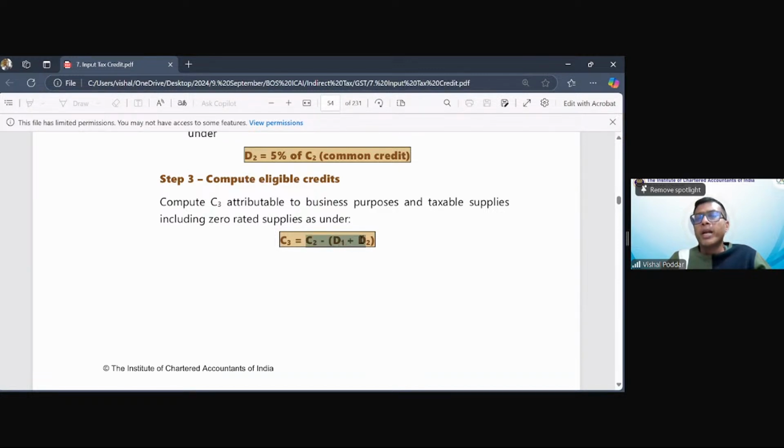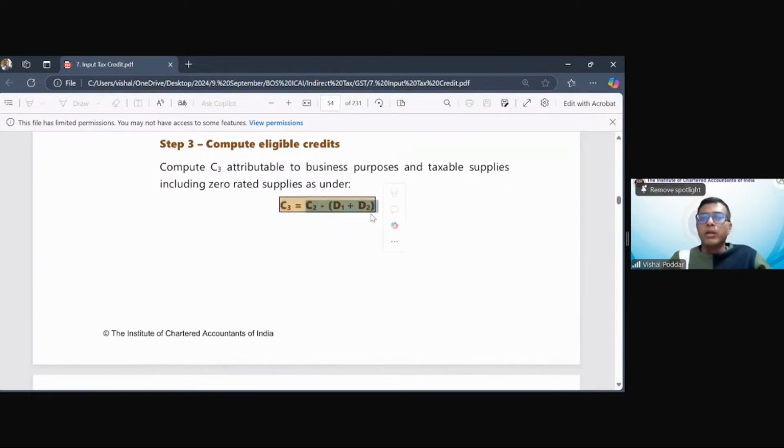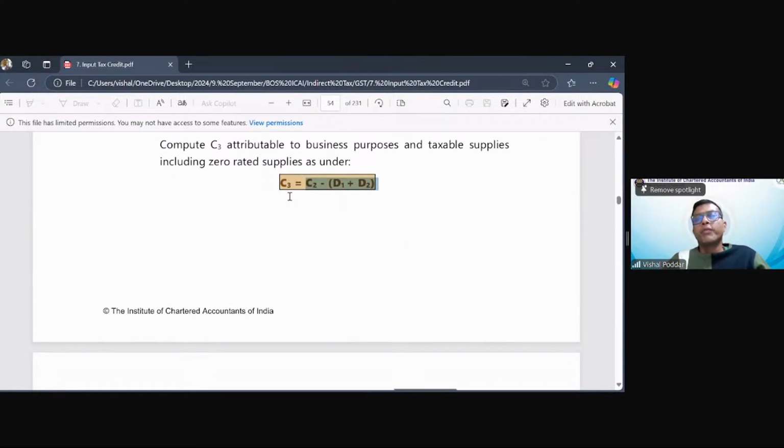From that you subtract both these proportionate ITCs which are not eligible. D1 not eligible because of exempt, D2 not eligible because of non-business. So total common ITC C2, from that subtract D1, D2. Now this C3 is your final common ITC which is eligible.